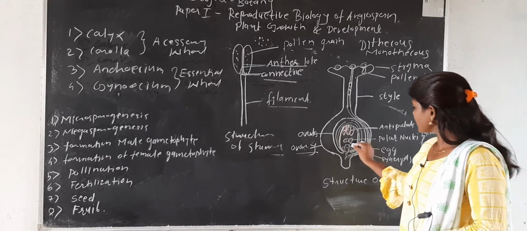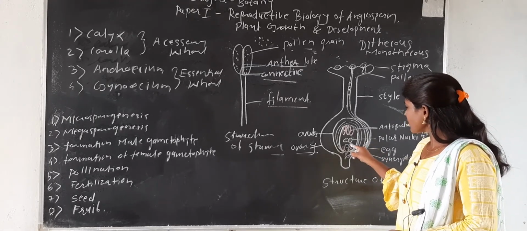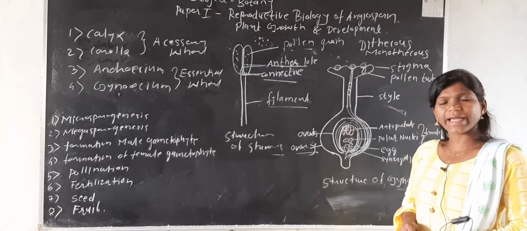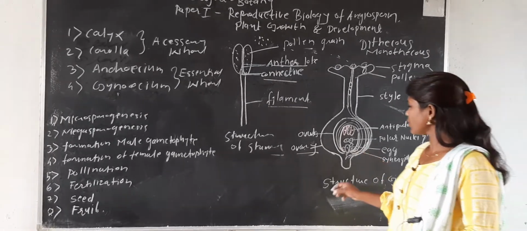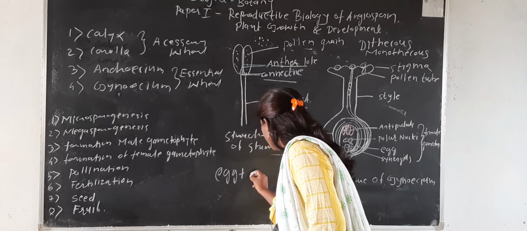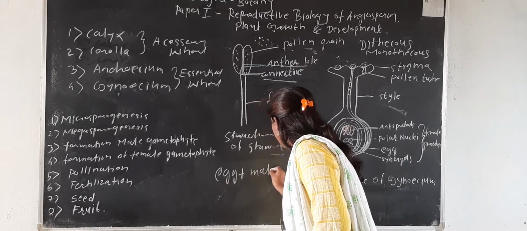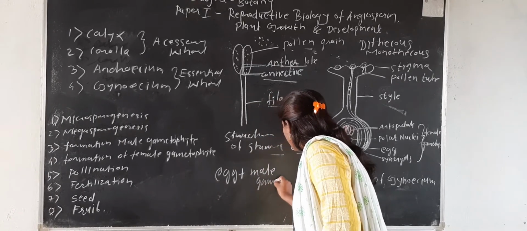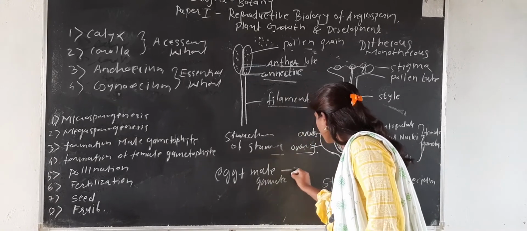After that, one male gamete fuses with the egg, that is, the egg is fused with the one male gamete, and they produce a zygote.